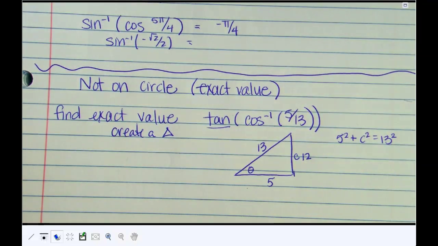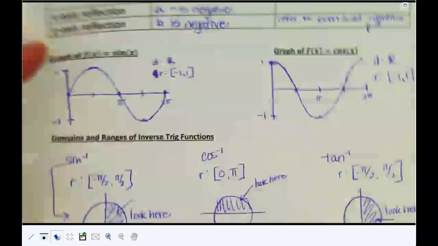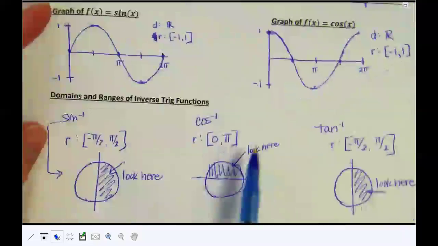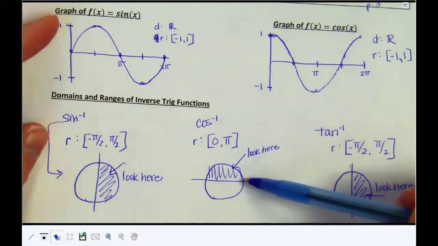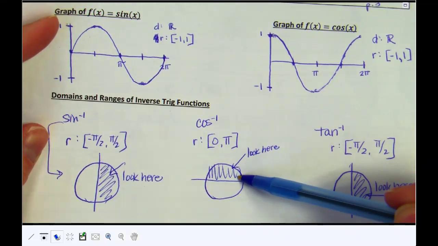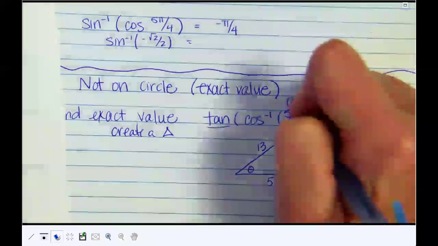Now, this is where it gets a little bit sketchy. If cosine is positive, you have to think about what we talked about yesterday. If we're doing cosine inverse, we need to be looking here, and if cosine is positive, it's going to be in the first quadrant, because cosine is positive.